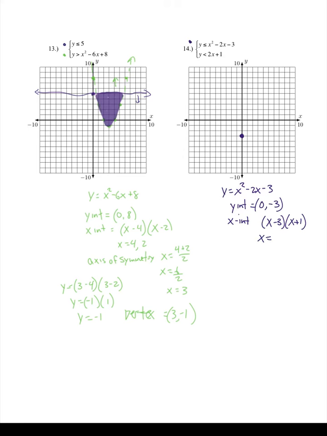So our intercepts are at 3, 0, and negative 1, 0. We can add those together and divide by 2. That gives us the x value of our vertex on the axis of symmetry, so x equals 1.